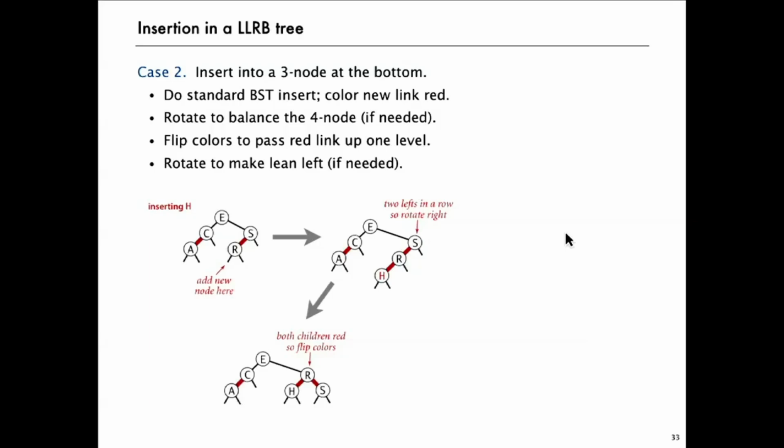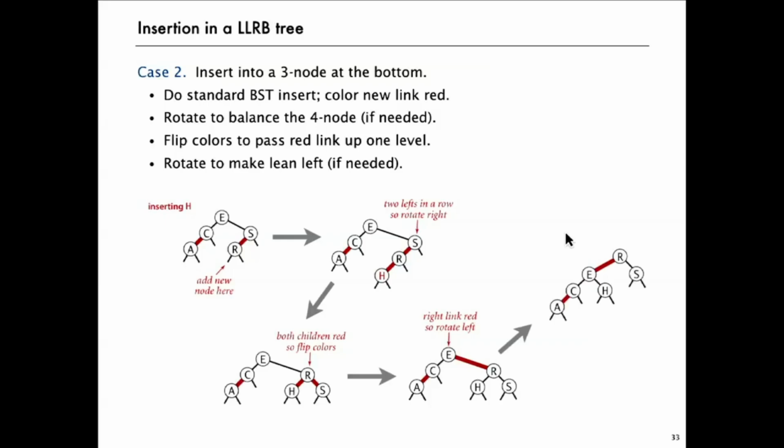It's not changing the rest of the tree. Now we flip colors, and that gives us a good red-black tree, except that one red link that we just made is leaning the wrong way. So now we need to rotate left. And then once we've done that, now we have a legal left-leaning red-black tree.